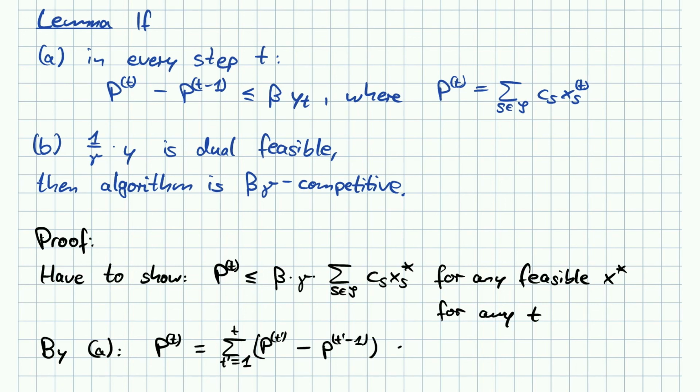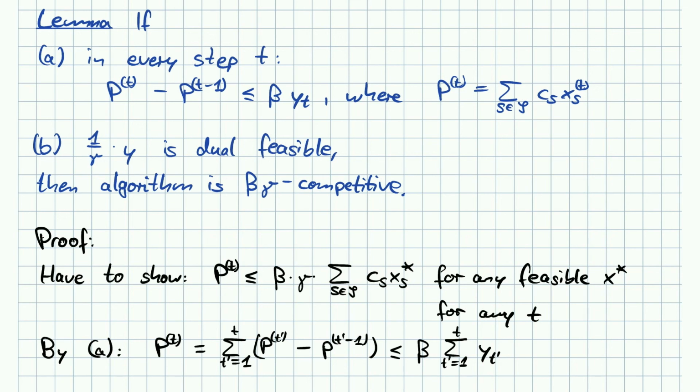And then each of these terms we can bound by beta times yt'. So we'll have that this is no more than beta times the sum of the yt'.